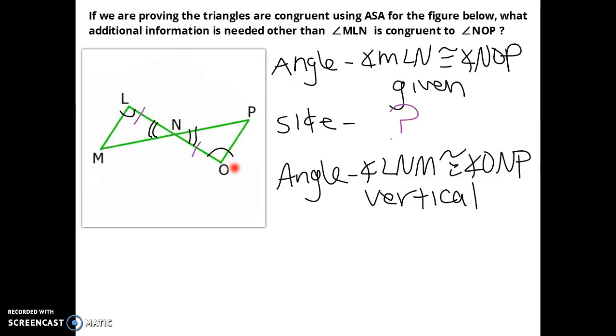These two angles are congruent because it's given. We also know that vertical angles are congruent, so we don't need to ask for that information either. Additional information we need, which is not given and cannot be hypothesized, would be this side LN being congruent to side NO. So we need something to indicate that those two side segments are congruent.